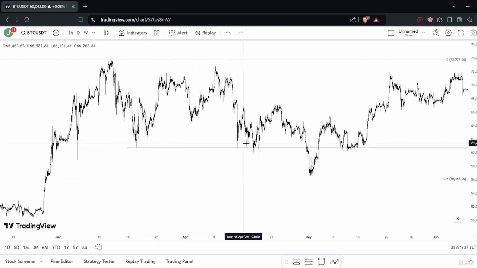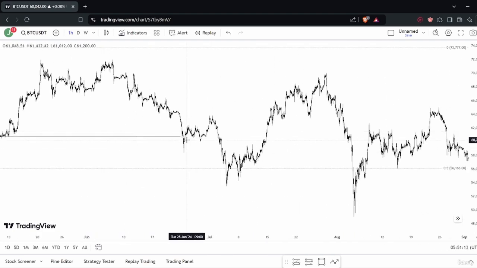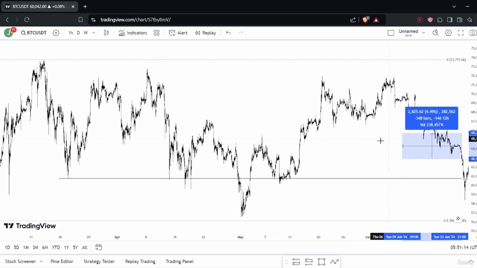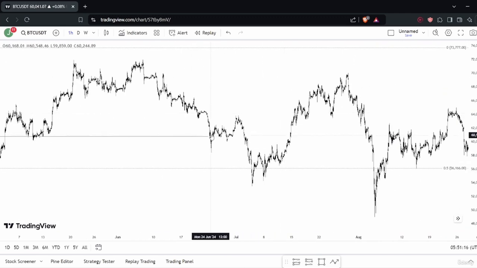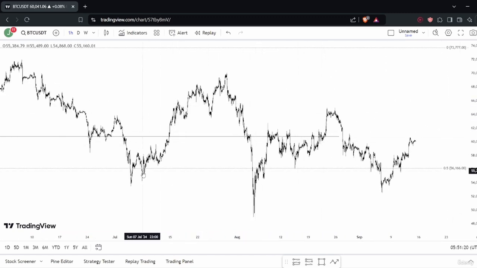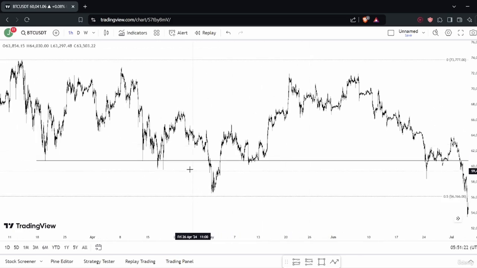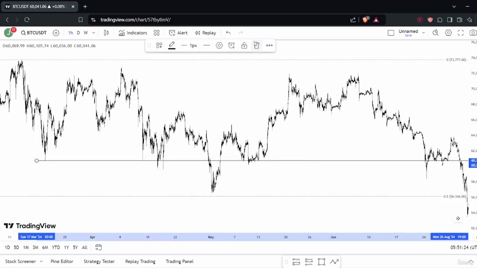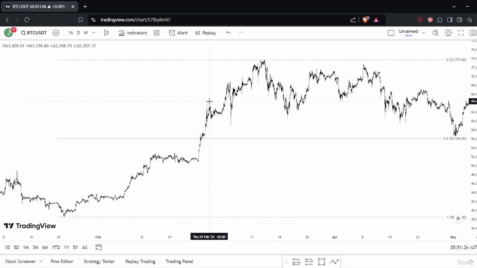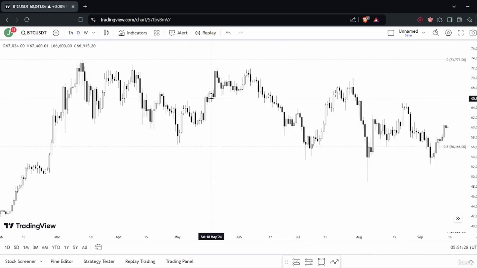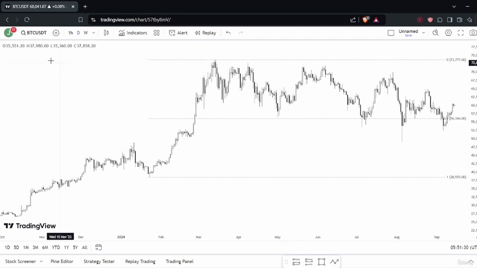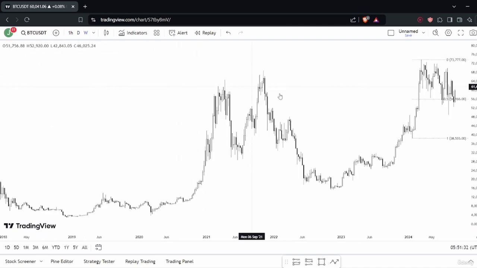As you can see, it does play out sometimes, 1, 2, 3, it does touch it, but eventually it breaks it. Price trades through it, goes lower, so it has no utility. It's just a point of liquidity, because some traders will put their stops there.